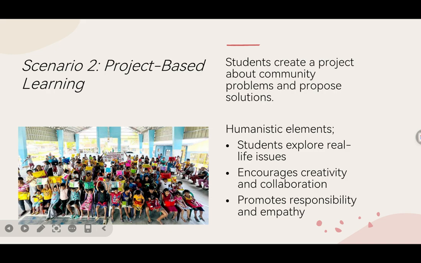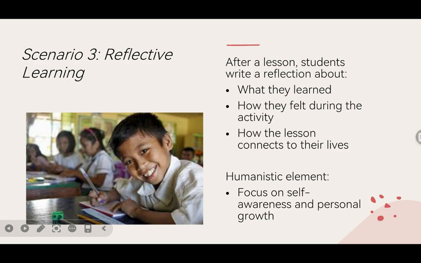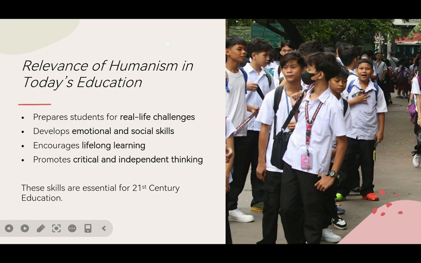Students explore real-life issues, which encourages creativity and collaboration, and promotes responsibility and empathy for others. And third, reflective learning, such as, for example, what we did before, the journaling, right? After the lesson, students write a reflection about what they've learned, how they felt during the activity, and how lessons connect to their life. So the humanistic element focuses on self-awareness and personal growth.